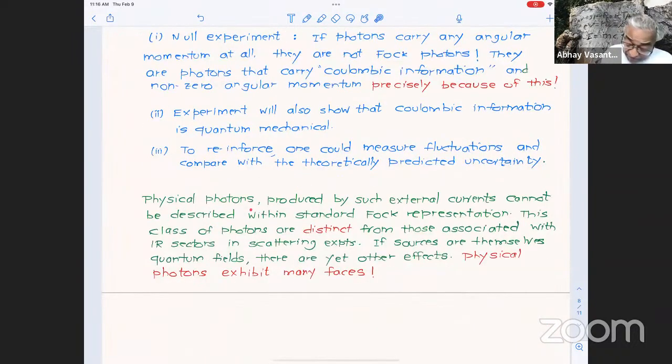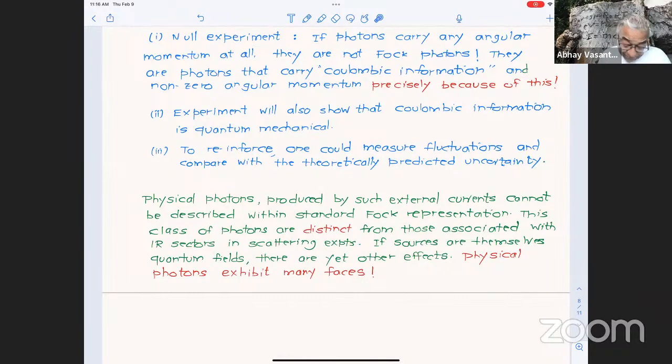So the physical photons produced by such external currents cannot be described within the standard Fock representation. This class of photons is distinct from those associated with the infrared sectors that are used in scattering experiments, because here the infrared charge is identically zero.